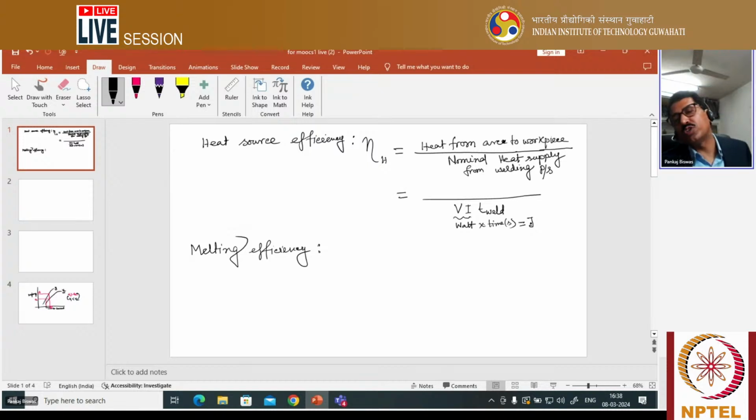But due to some loss of heat, generally you are not getting all the heat here, correct? So that is called heat from arc to workpiece. Let us consider that heat is Q, in watt.